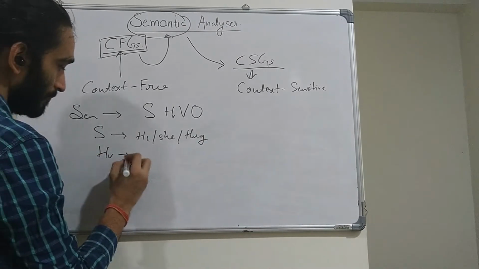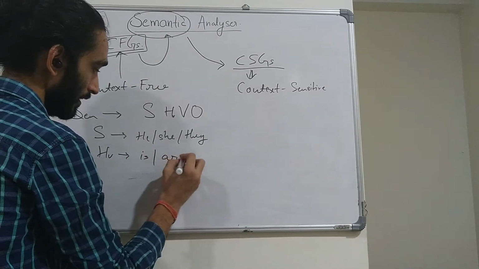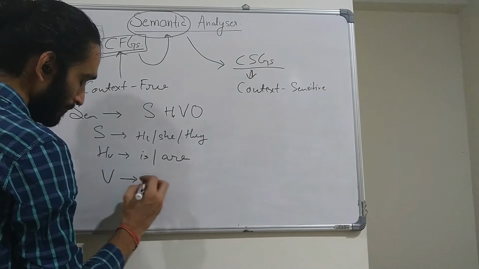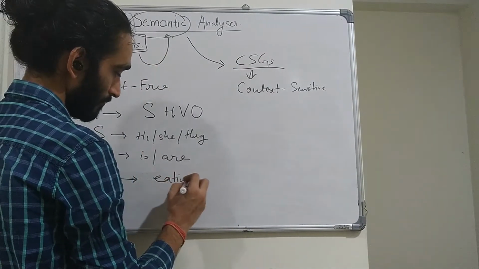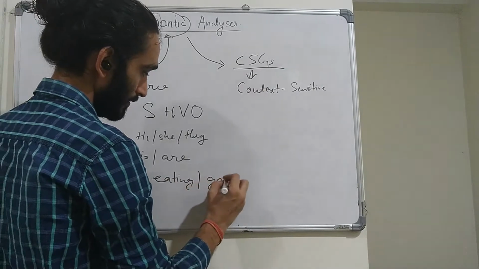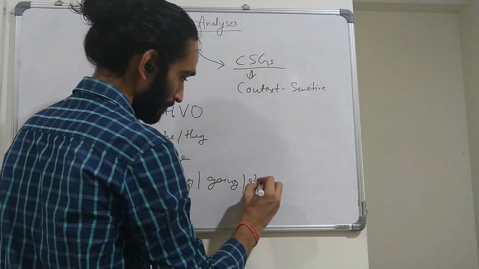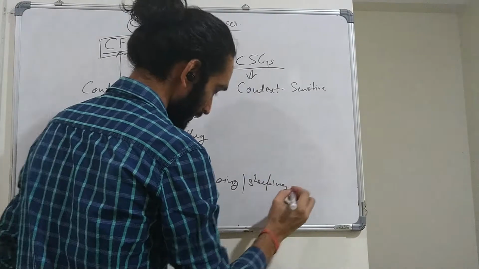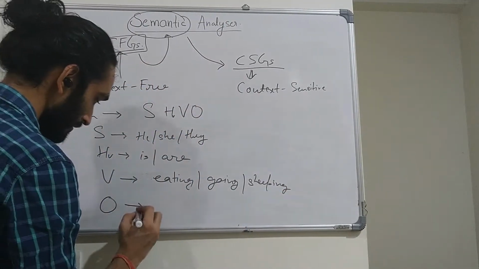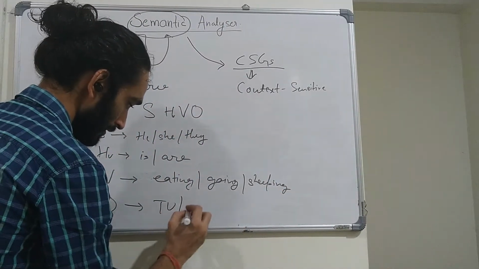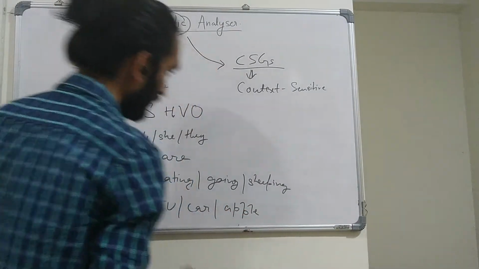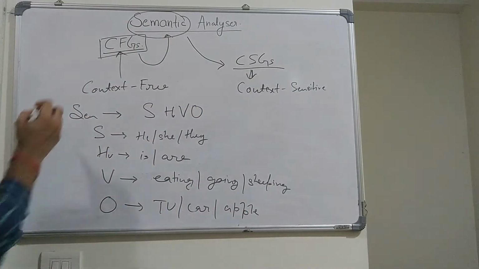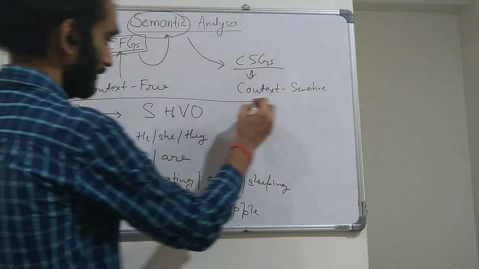The helping verb can be is. The verb can be eating, going, sleeping. The object can be TV, car, apple. Let's suppose this is one of your grammars.